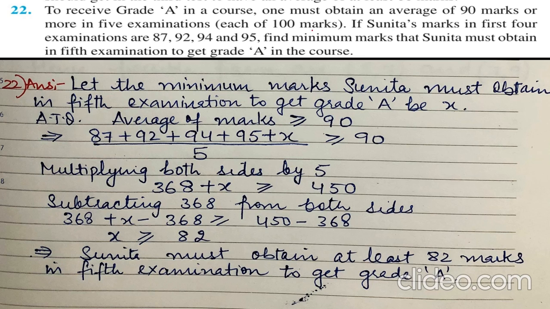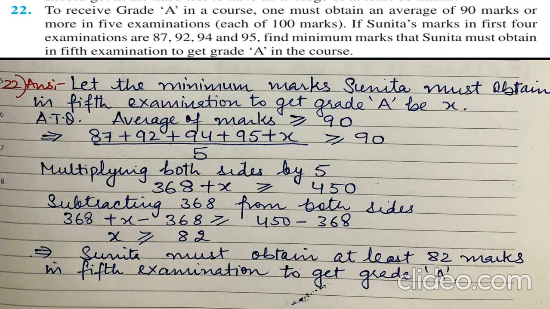Now in 4 subjects marks are given to be 87, 92, 94 and 95. And we have to find the minimum marks in the 5th examination to get grade A, so that the average is at least 90. So what we do is, let the minimum marks Sunita must obtain in 5th examination to get grade A be X. We suppose it to be X.